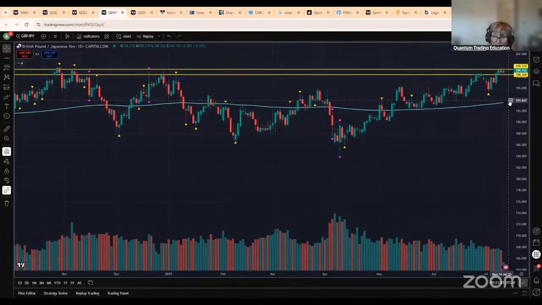And the other thing to bear in mind is that when it reaches one of these strong levels on the slower time frames, it also tells you that there is a good probability that you will be able to take a trade to the downside, because often one of the things you'll hear is, oh, should you ever trade counter to the trend? And there is no straight answer to that.